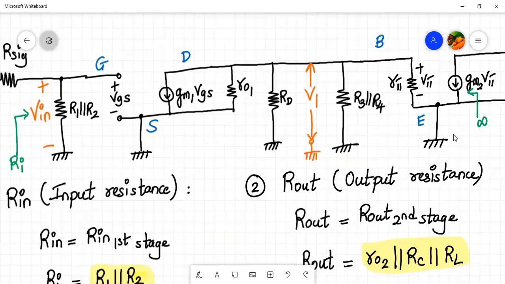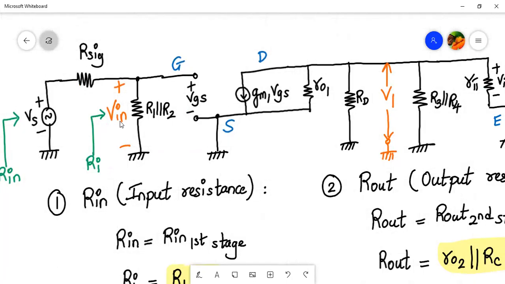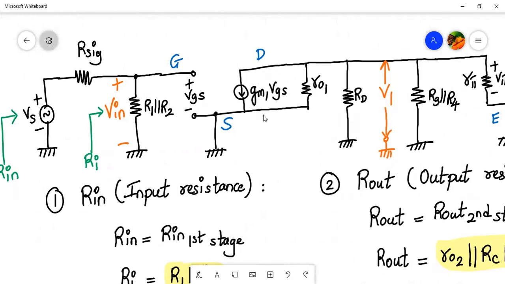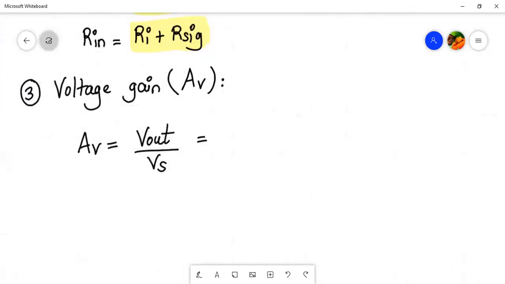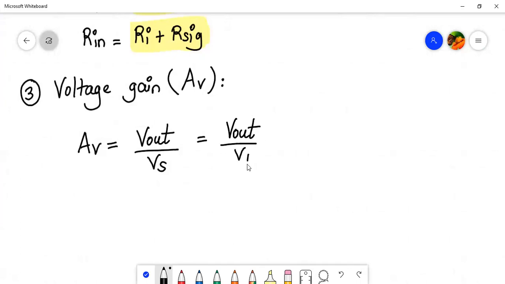And the gain of the first stage will be given by V1 upon V in. And there is a relation between V in and Vs, right? So we can rewrite this V out upon Vs as follows. It can be written as V out upon V1, then V1 upon V in, and V in upon Vs.